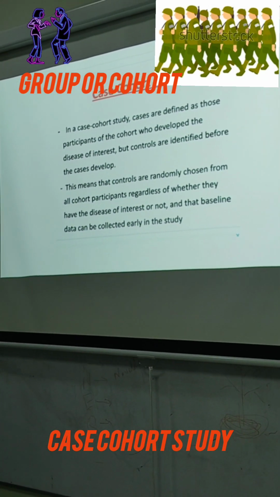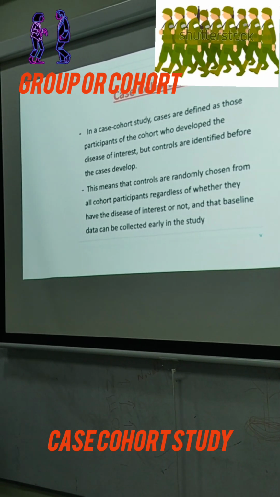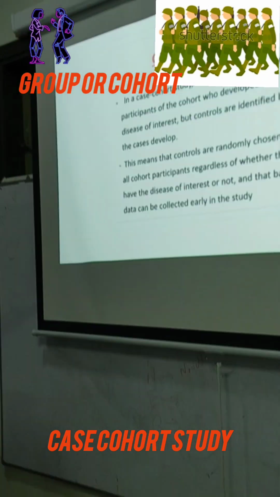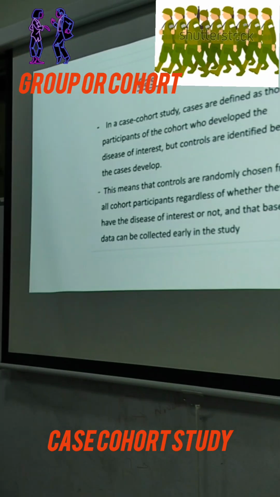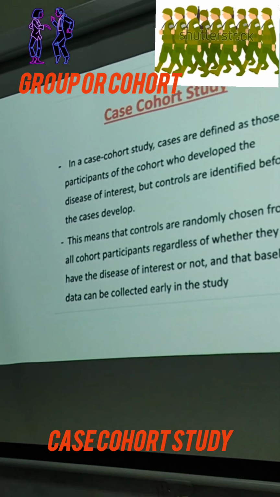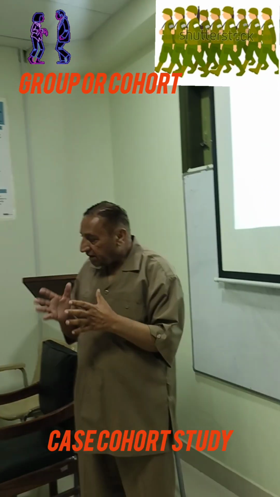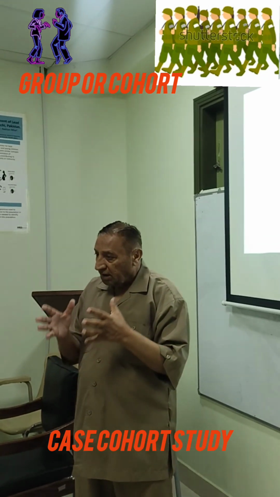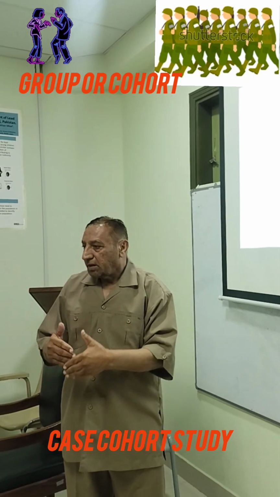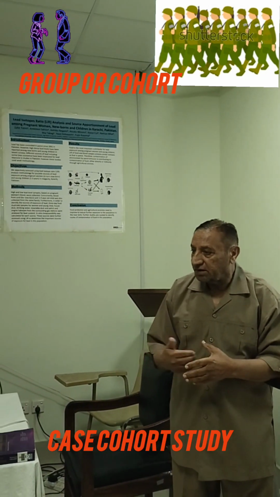In a case cohort study, cases are defined as those participants of the cohort who develop the disease of interest, where you are interested. But controls are identified before the case develops. So this is the main difference between case control study and nested case control study, where controls are defined or selected simultaneously, or as the cases are selected, then you can select the control.